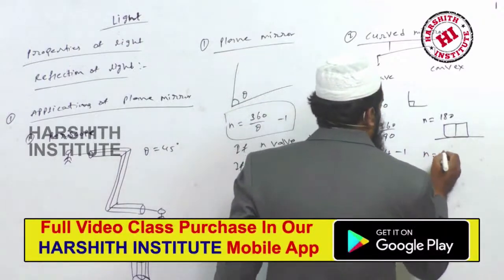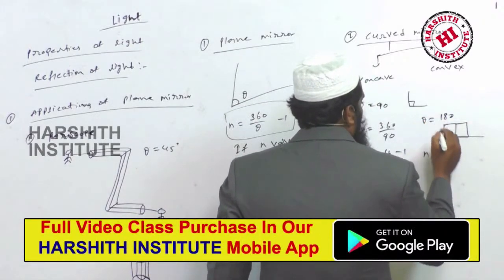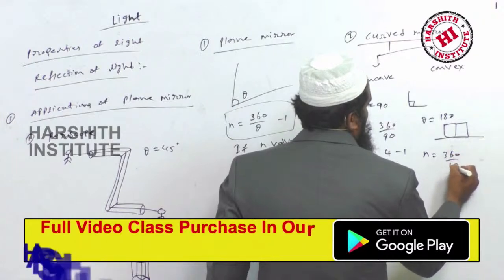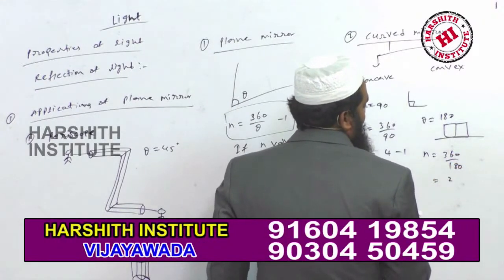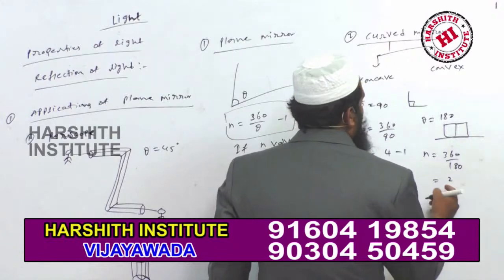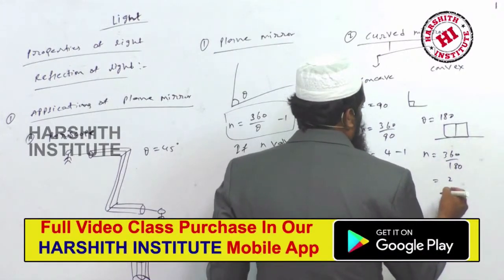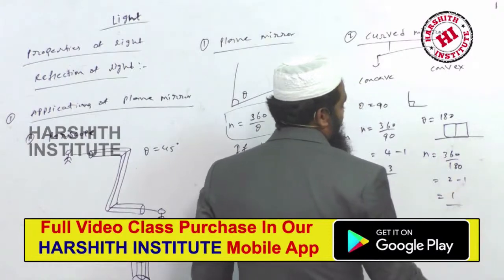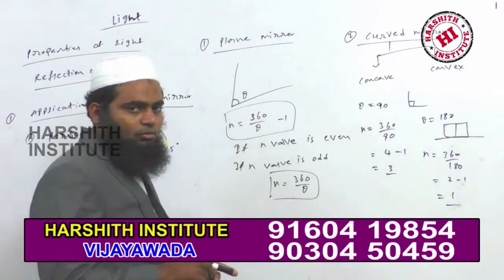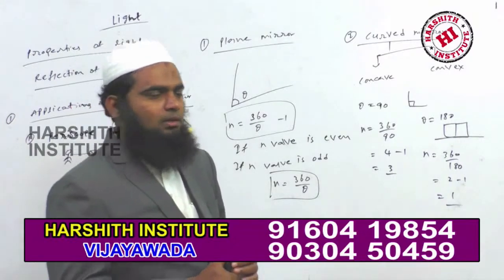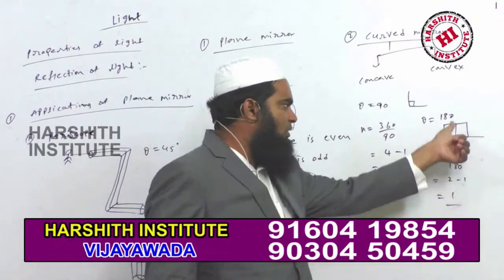Now n equal to 360 by 180. The value will be 2. Sorry, it is an even number, so take minus 1, and the answer will be 1. So the number of multiple images observed is only one image in this pattern also.